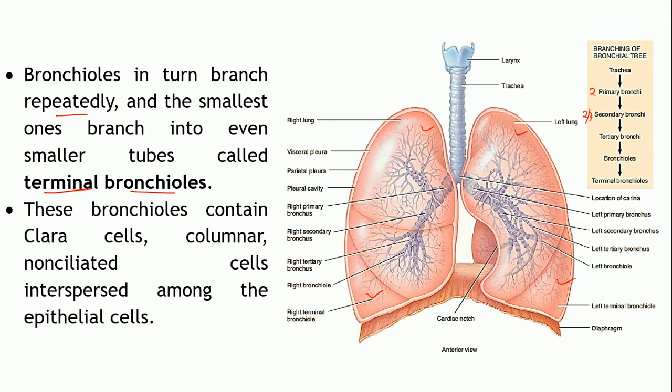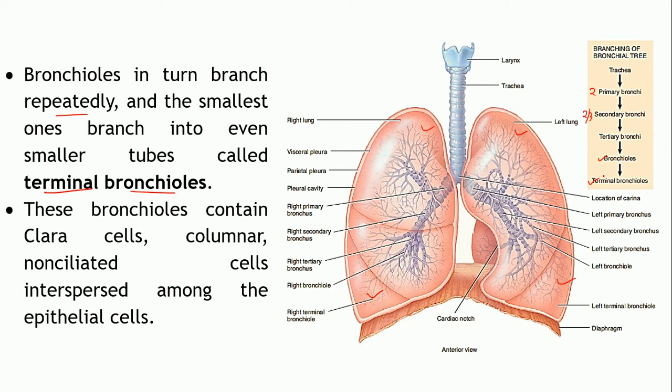Further, the secondary bronchi divide into tertiary bronchi, so a number of tertiary bronchi are present. Further branching continues into still smaller tubes called bronchioles, which in turn divide into the terminal bronchioles. This is the pattern of branching from the trachea.